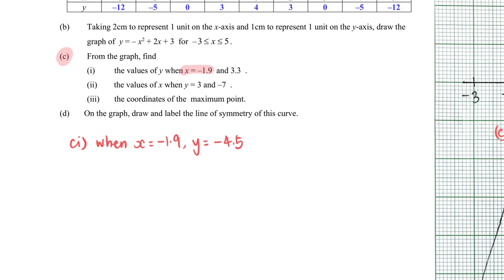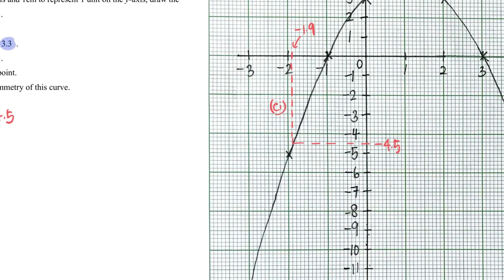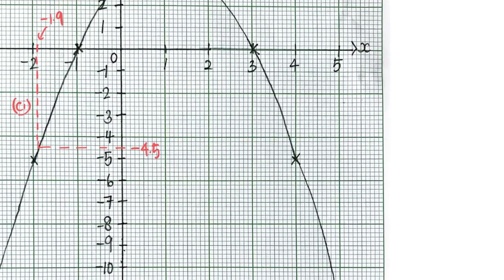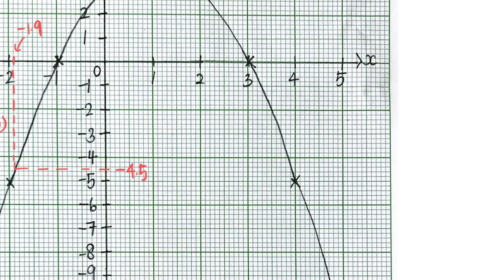So let's take a look at what happens when my x is 3.3. So let me go over to the graph again. 3.3 will be here. Let me use another color. So this one will be 3.3. And my answer for my graph will be around negative 1.2.